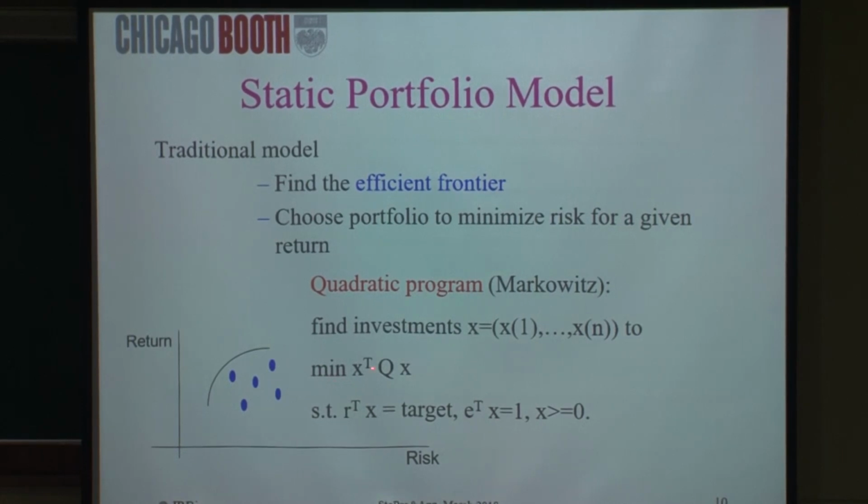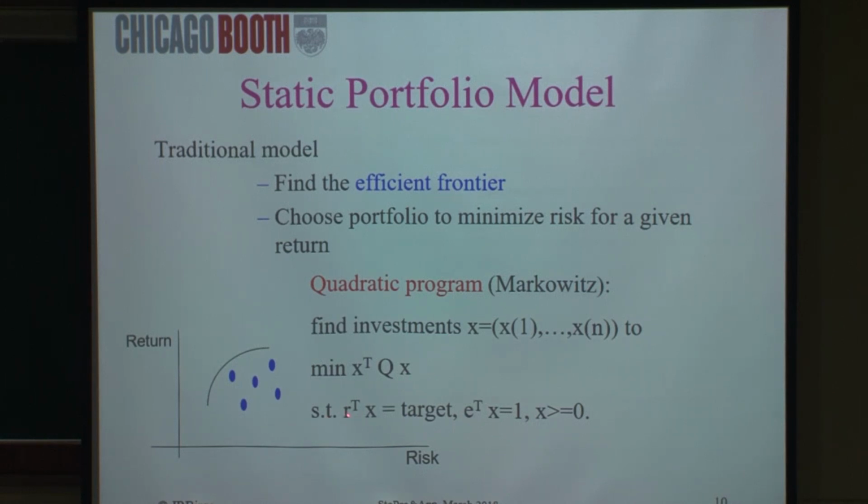So you would minimize something like, if this is your covariance matrix, this would be the overall variance of the portfolio. So you would minimize the overall variance of the portfolio, which is this quadratic program. So it's just x transpose times the covariance matrix times x, and then set a target.